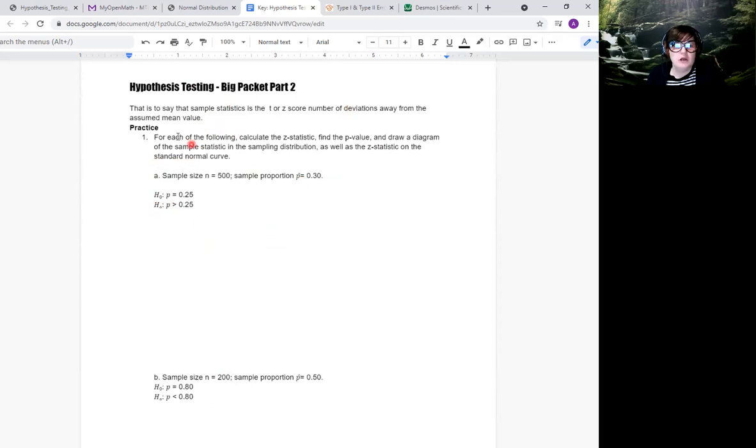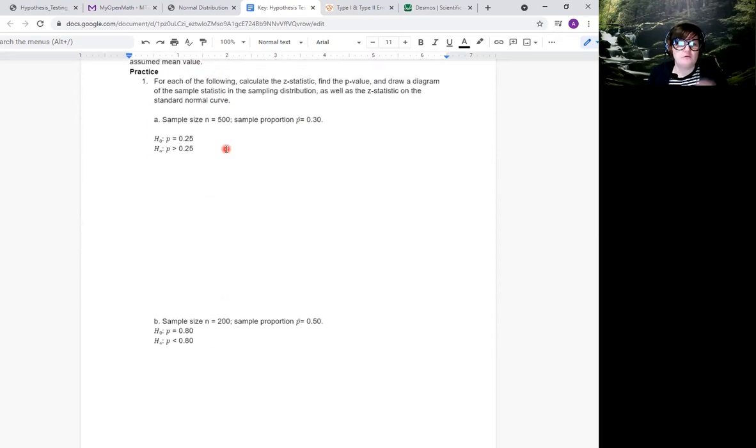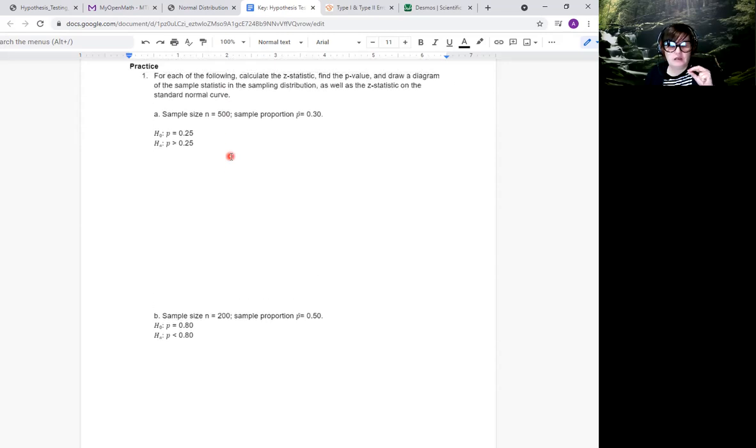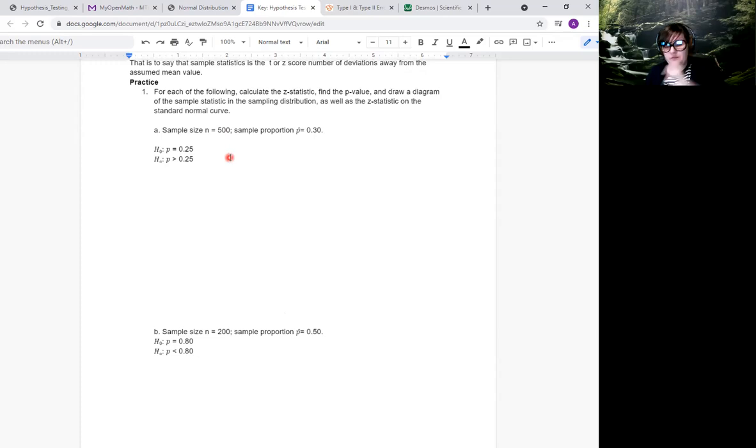what we're looking for. So what we're trying to do is see how the sample statistic, so remember your sample statistic is the X bar or the P hat, and then the test statistic is that Z score or T score.